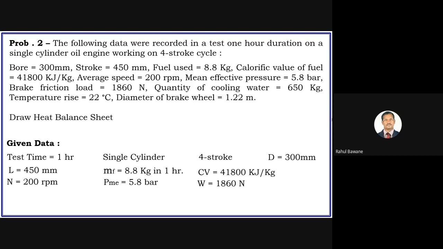Quantity of cooling water is given: mass of water flowing is 650 kg, but this 650 kg is in 1 hour. Then the temperature rise of this cooling water is 22 degrees centigrade, and diameter of brake wheel is given as 1.22 meter.